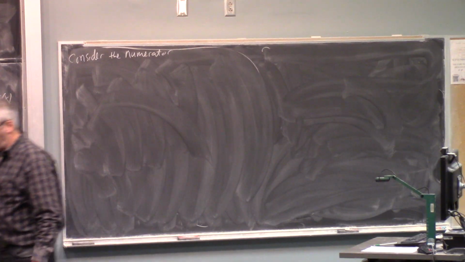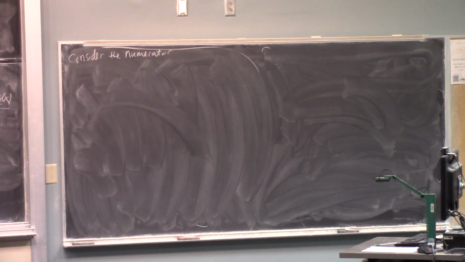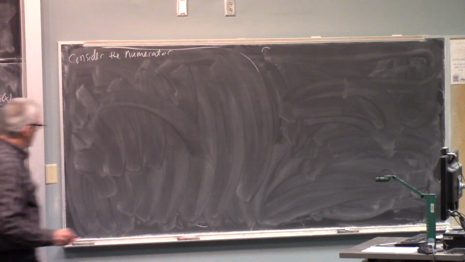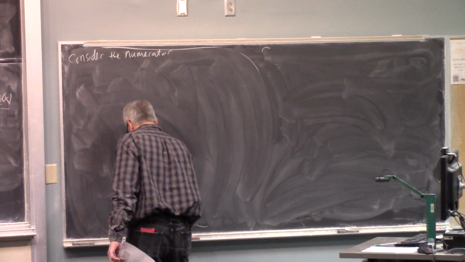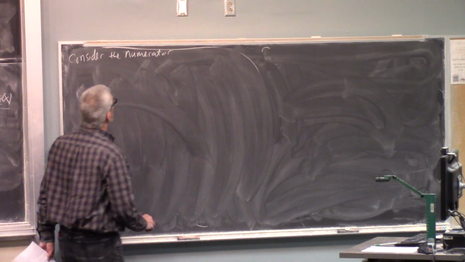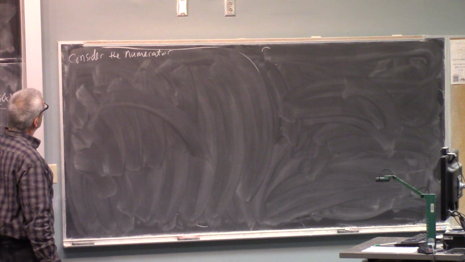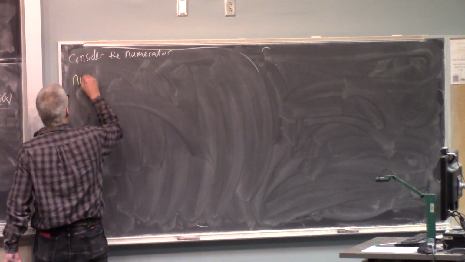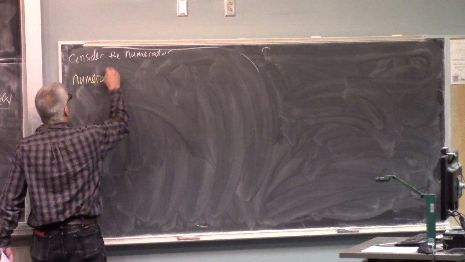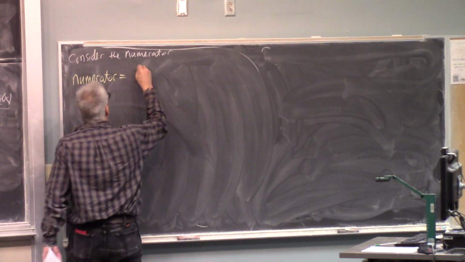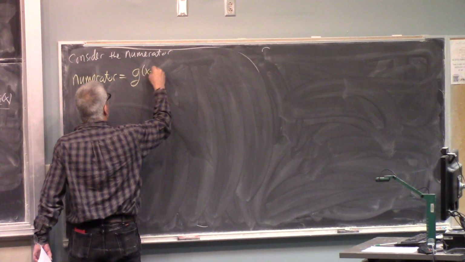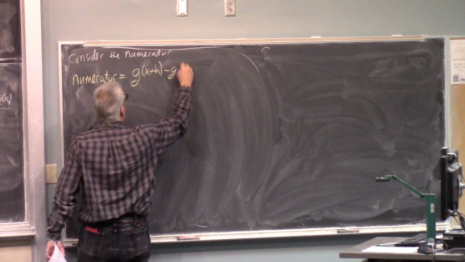I'm going to color that just because I have all these colored chalk that I can lord over you. So the numerator is going to be g of x plus h minus g of x.